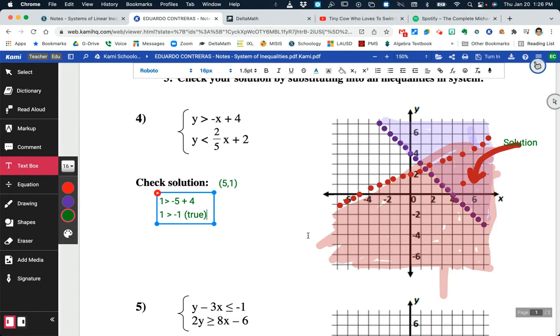So let's try the other inequality. So the other inequality is 5, 1, because we got y again, is less than 2/5 times 5 plus 2.